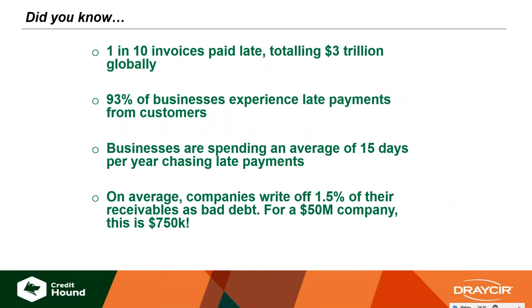So to get an idea of why Credit Hound is needed, why do we need to automate our collections processes? Well, it starts with the invoice being paid late. So 1 in 10 invoices are paid late, and that totals $3 trillion globally. And actually, I think that figure is increasing.